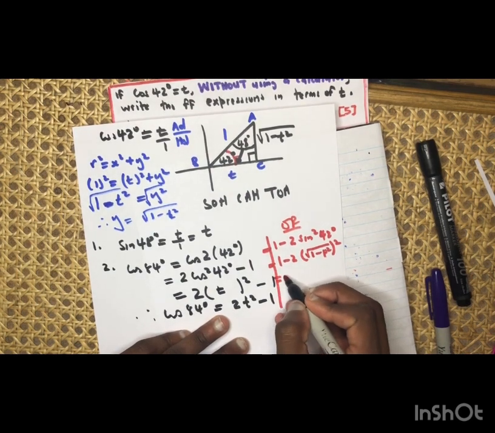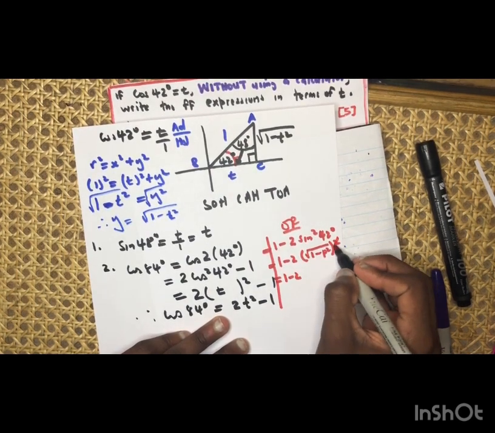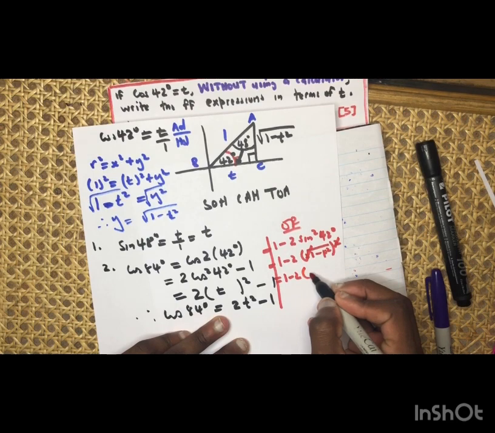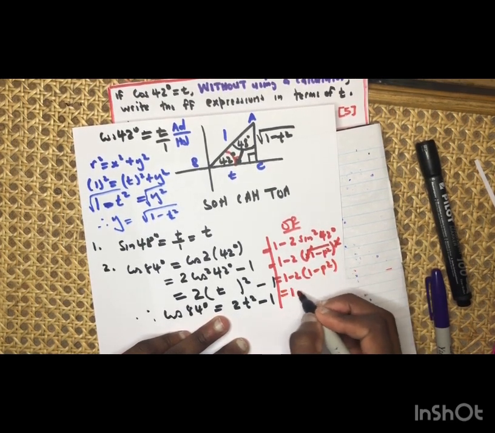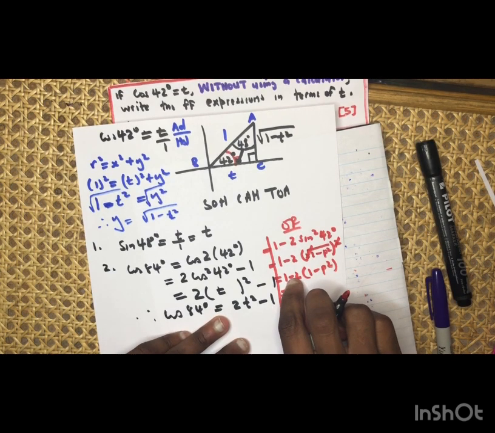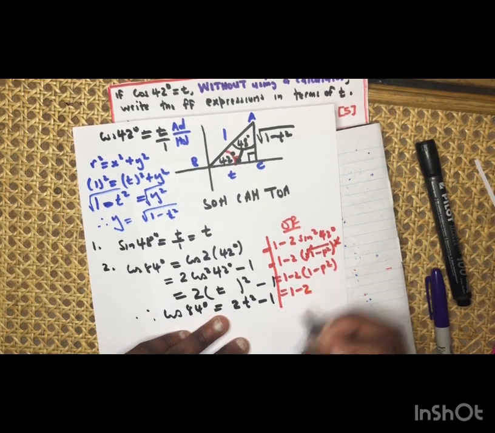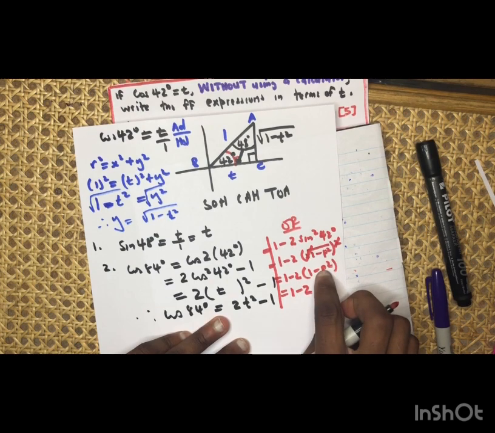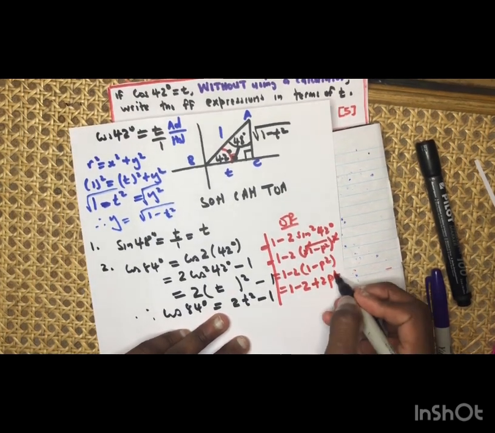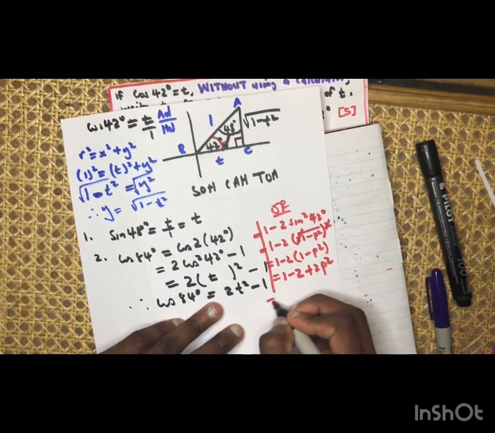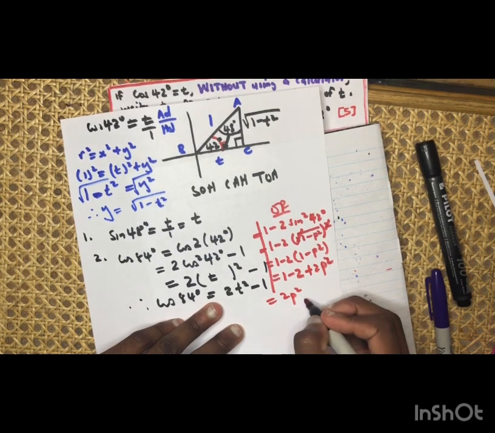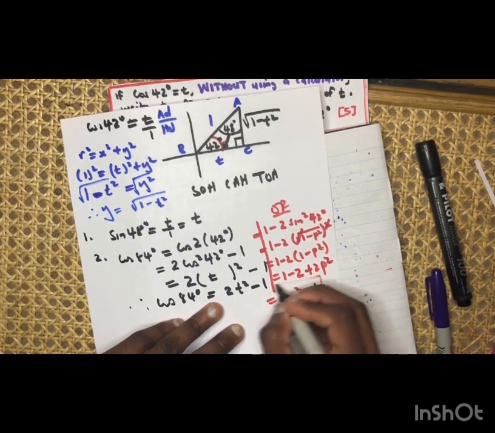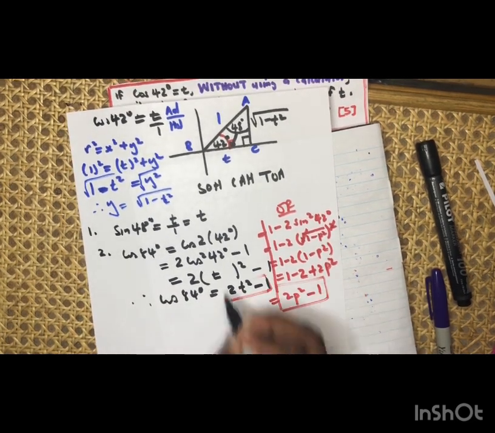So I have here 1 minus 2. Remember, this squared will cancel this root. You're going to be left with 1 minus t squared inside. So which is 1 minus, then you open the bracket. Negative 2 times 1 is negative 2. Negative 2 times negative t squared is positive 2t squared. Then you collect the like terms. So then you're going to have 2t squared, then 1 minus 2, that's negative 1. So this answer, guys, is the same as this answer.